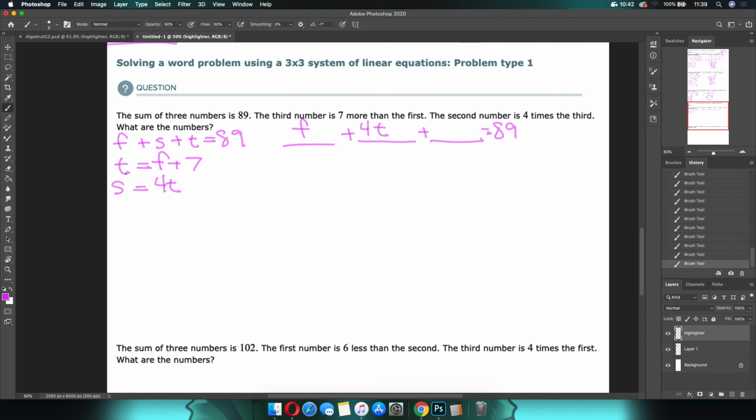Next, is there a t equals for us to replace it? Yes, f plus 7. So we're looking pretty good because we have an f, and we have an f, and we have not f. Oh no, the horror, what do we do? But now, because we still have these equations over here, that actually is to our benefit. So let me get this set up and then wait for the mouse to catch up.